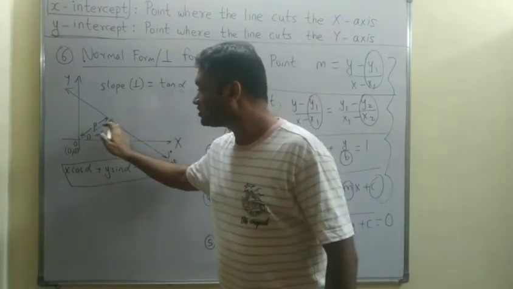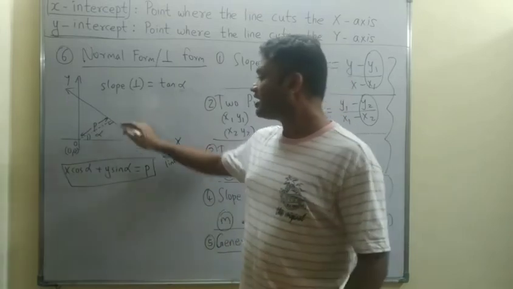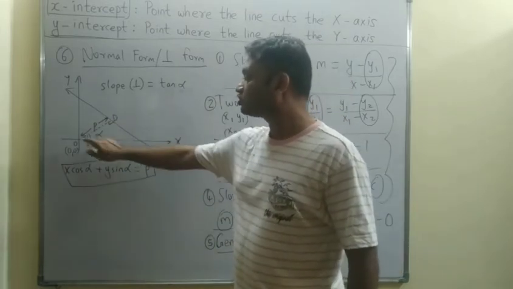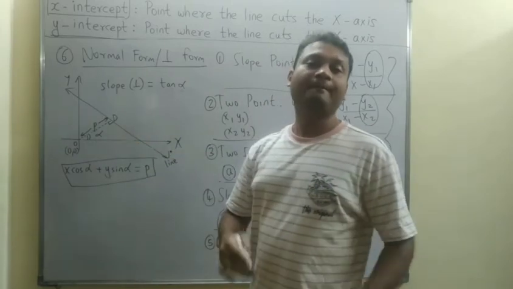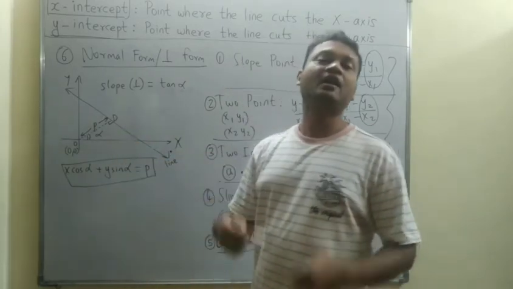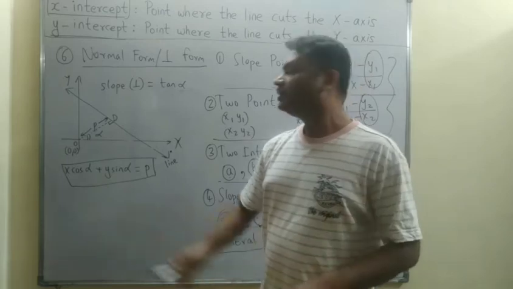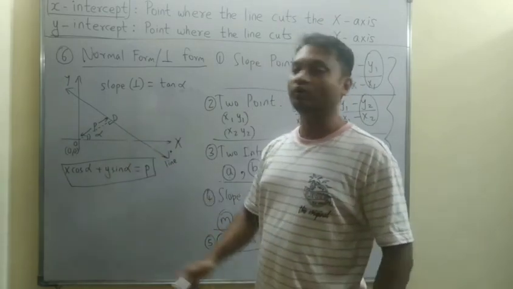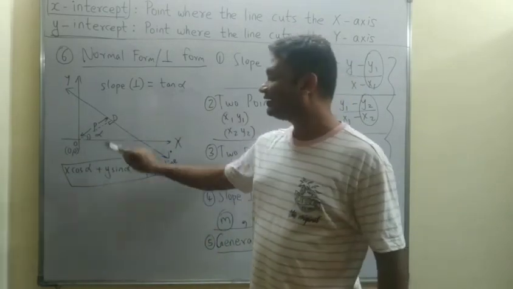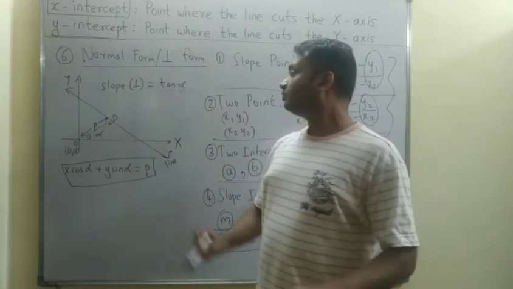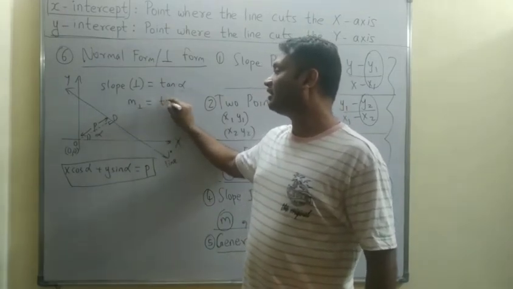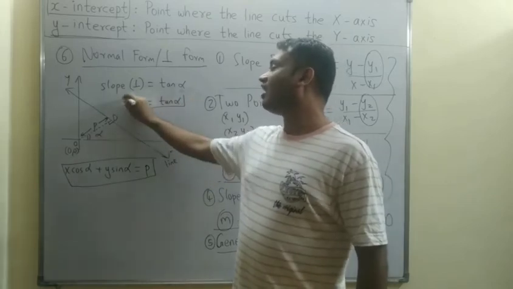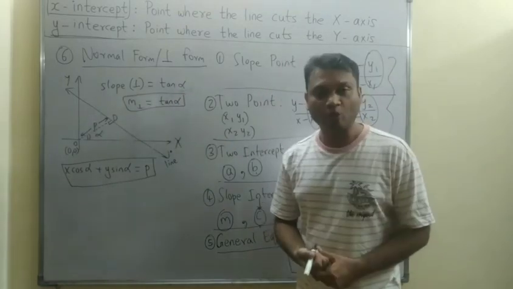So slope of this perpendicular, let us say something like OD, slope of OD, is tan alpha, because OD makes an angle alpha with the x-axis. So slope of perpendicular is coming out to be tan alpha by definition of slope.